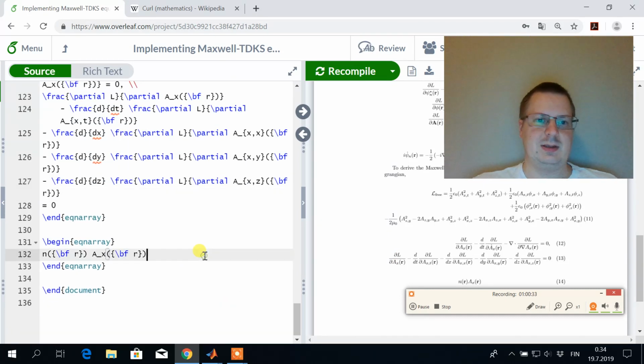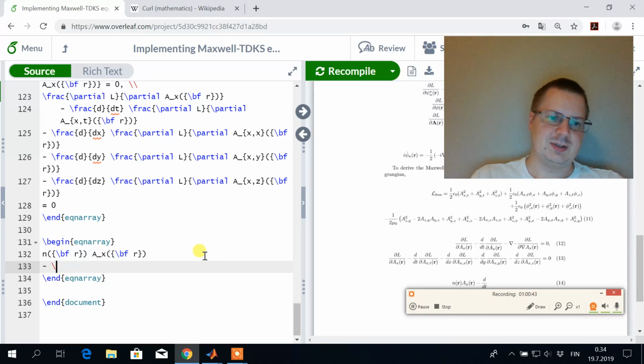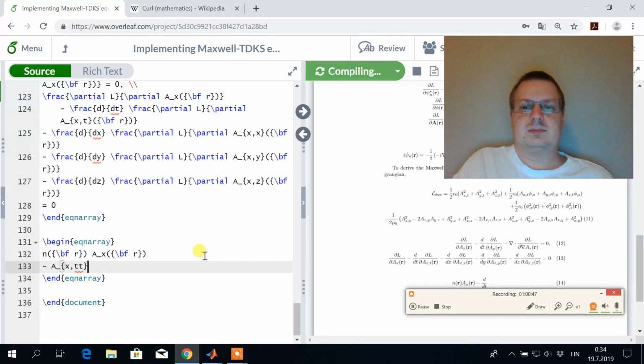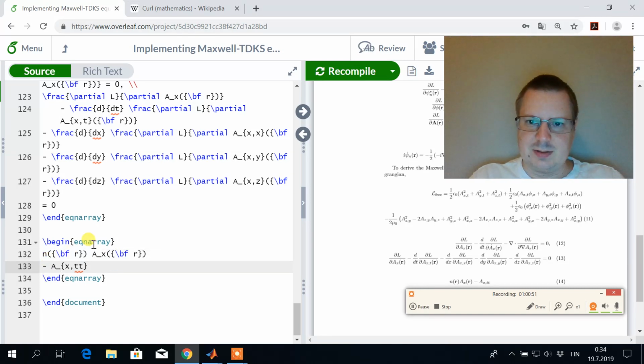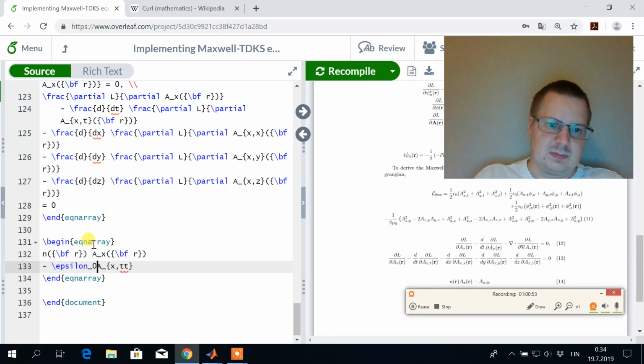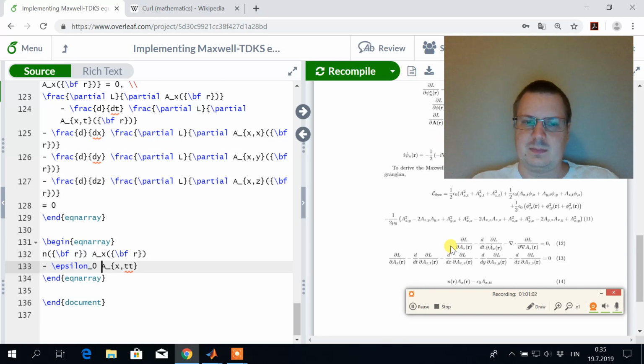So I think that will end up as the second time derivative of, okay, I can use my new notation, axtt, and that makes sense. And then there's epsilon 0 in here.